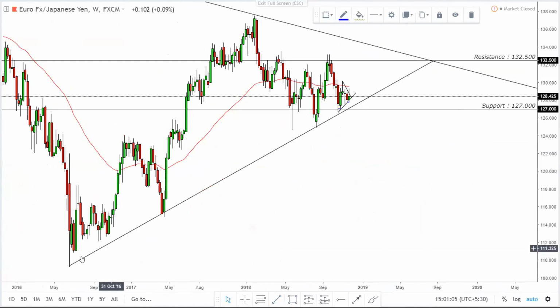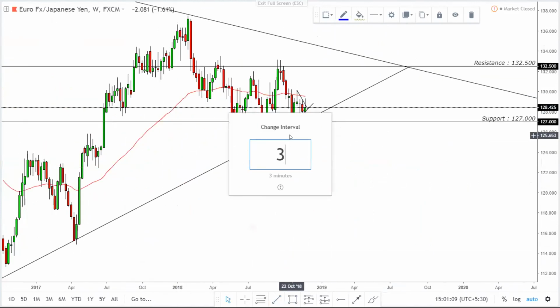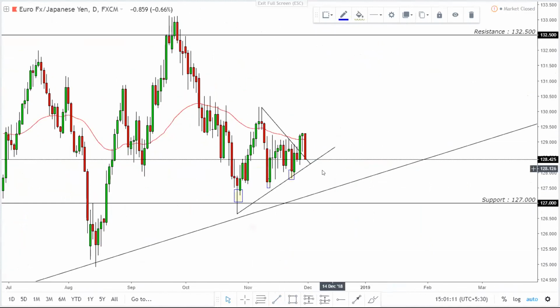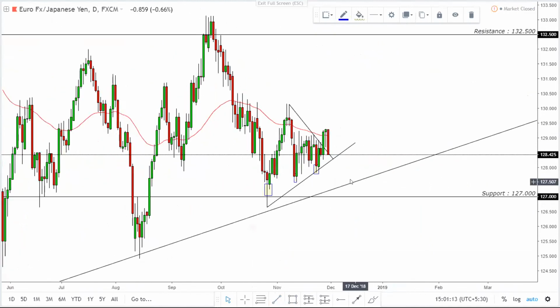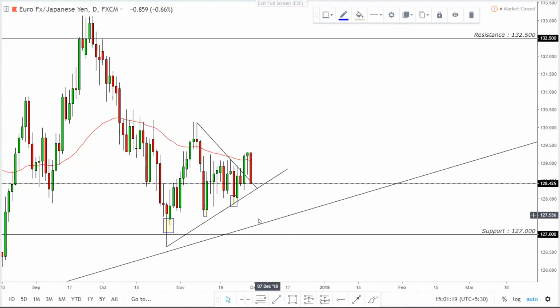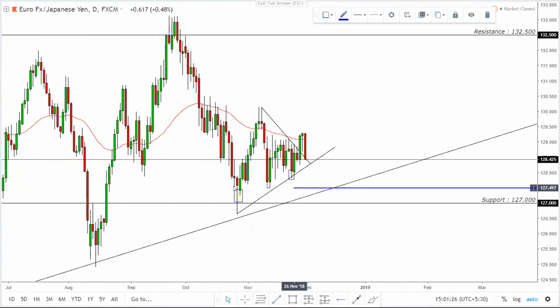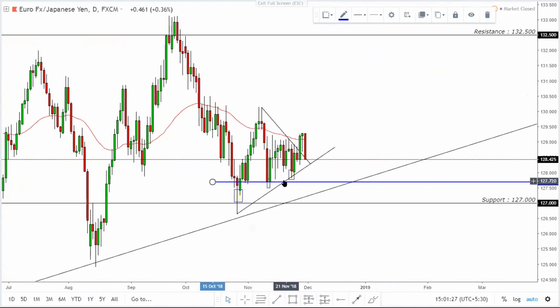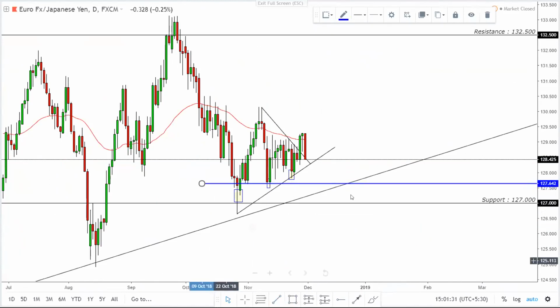On weekly, this one is a counter trend line. 127 is a very great support, or 127.500, which is around the support region around the trend line. And here we have candlestick support too.